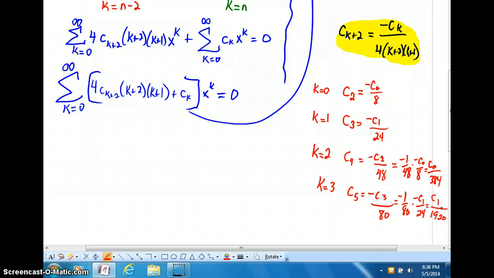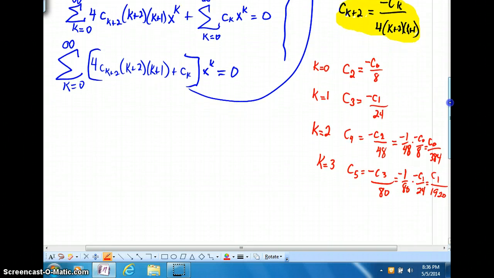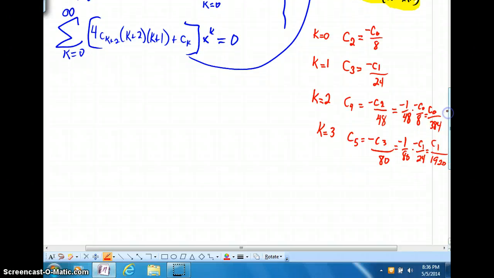More to the point, I hope it's becoming apparent that this series expansion is going to be dependent on two different constants, namely c sub 0 and c sub 1. Even if we were to just take a momentary pause here, we could generate even more if we so choose.